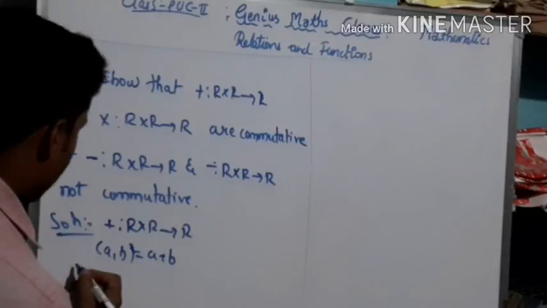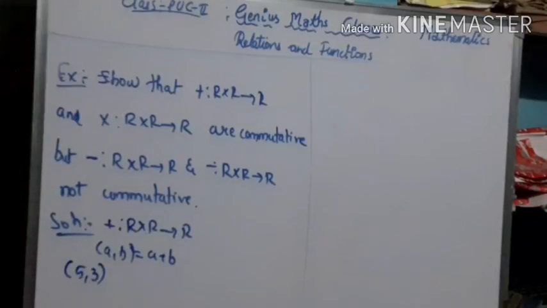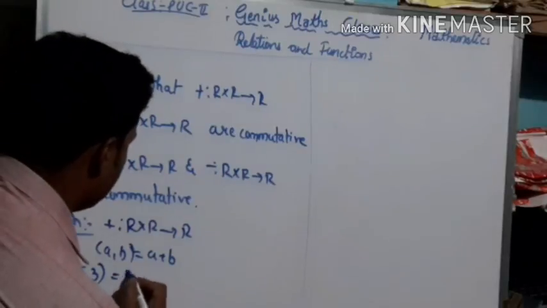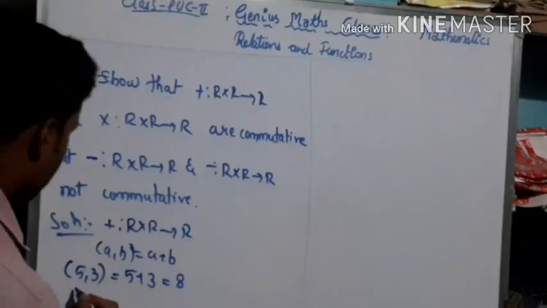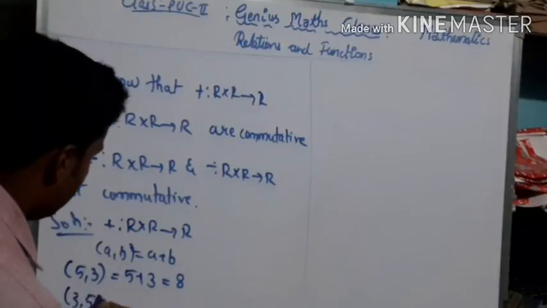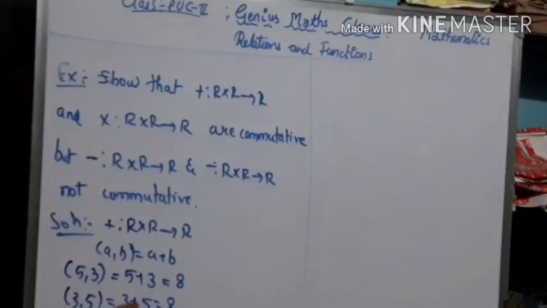Okay, if you consider any two elements, 5 comma 3, this will lead to 5 plus 3, which is equal to 8, right? Similarly, reverse: 3 comma 5, 3 plus 5, 8. 5 plus 3 is equal to 8, as well as 3 plus 5 equal to 8.